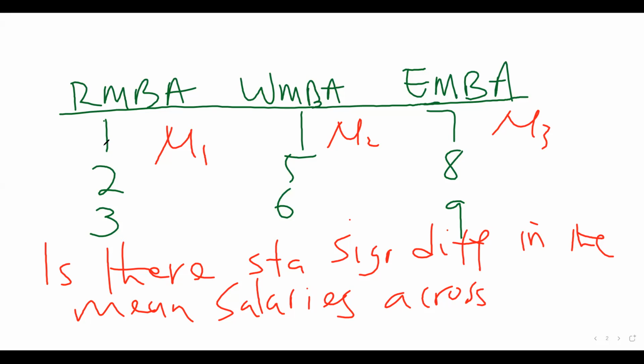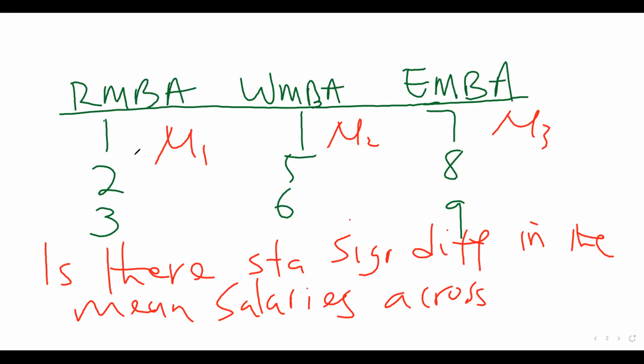Even if you look at them on their own, there are differences within. But what about across each group? Compare the RMBA group with the WMBA group. You will also notice that there are differences across the groups, or between the groups. So ANOVA tries to look at not just differences within each group, but differences between the groups.